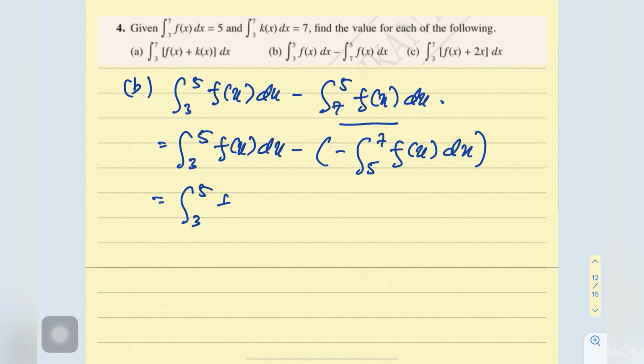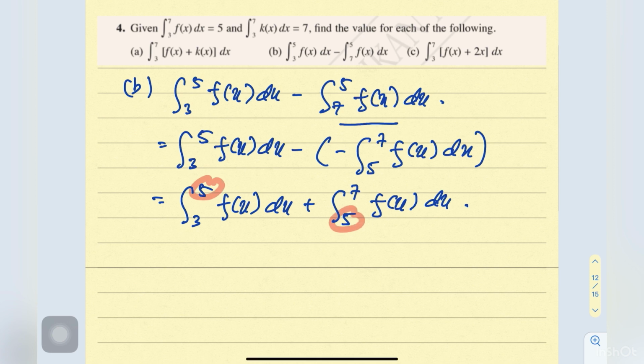Here you can see the boundary is actually continuous, so we can combine these two to become the integral from 3 to 7 of f(x) dx, which equals 5.